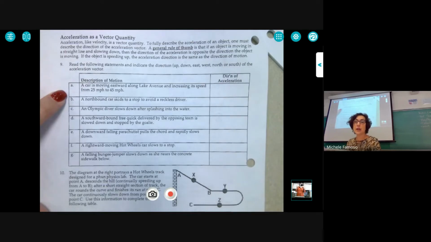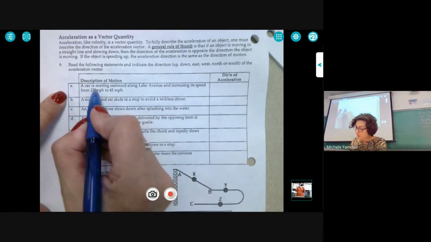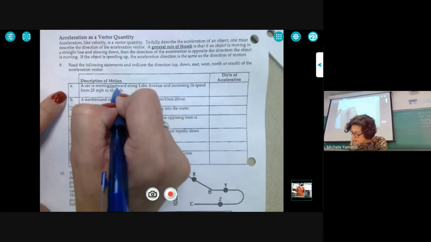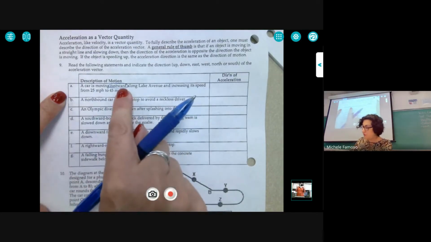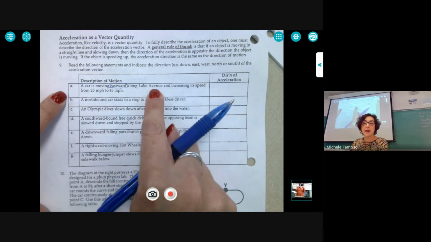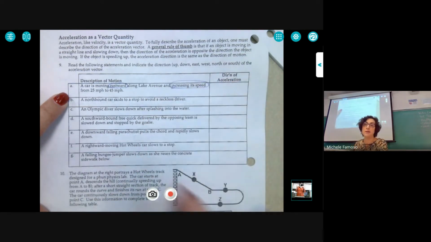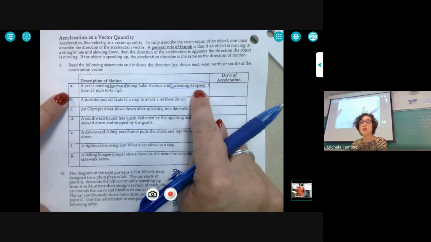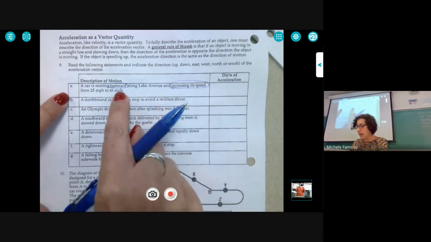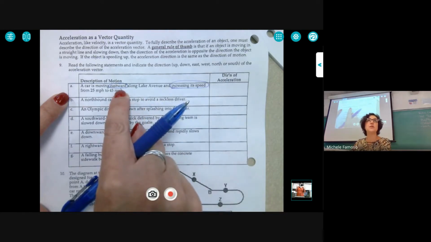All right, so let's look at A. We have this car traveling to the east. So that is the direction of the velocity vector, east, along Lake Ave, and it increases its speed. I don't even care what the speed changes from. So this object is speeding up as it moves to the east.